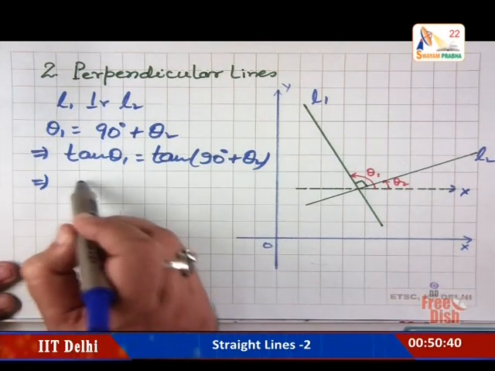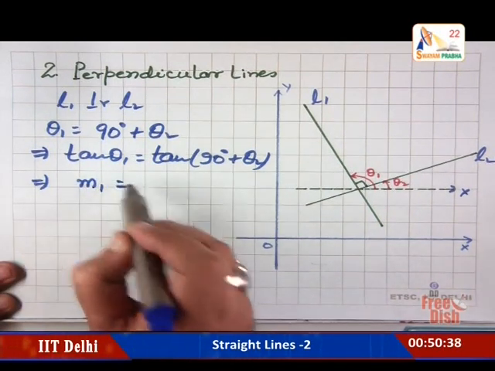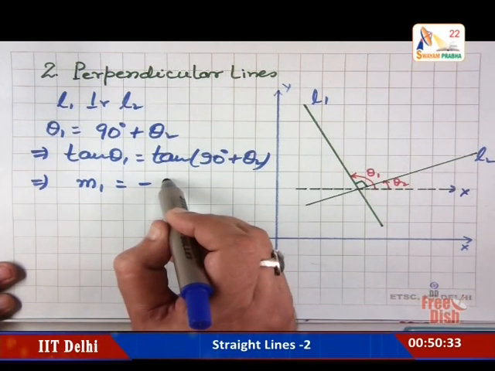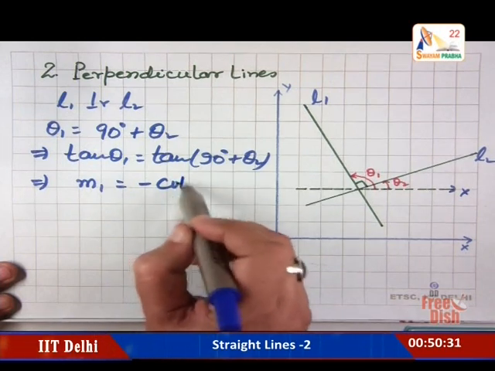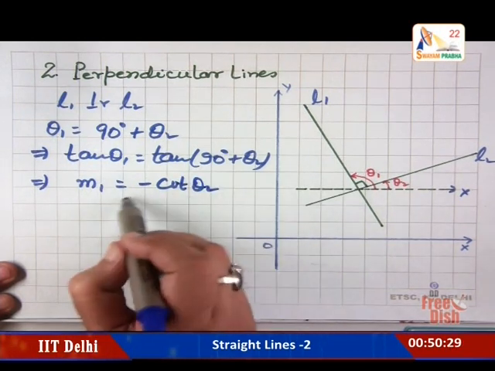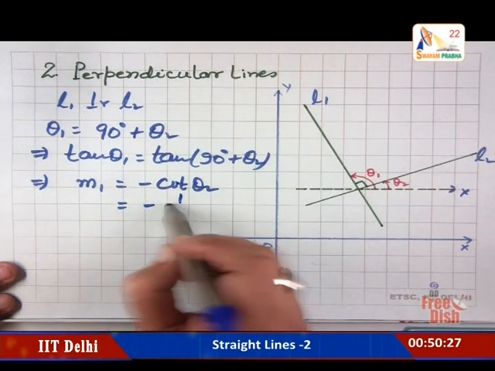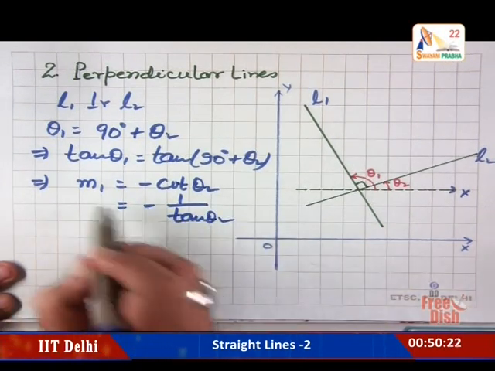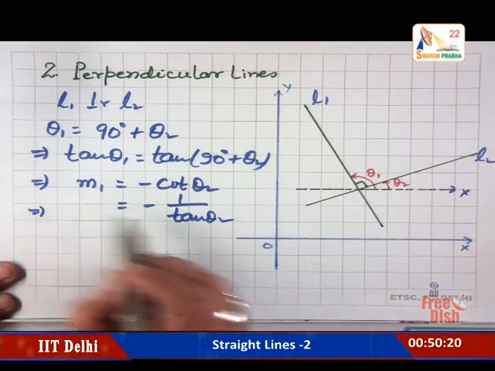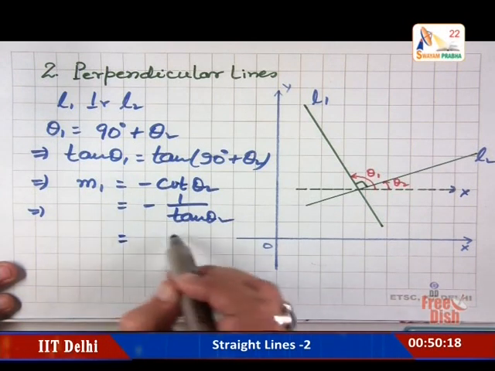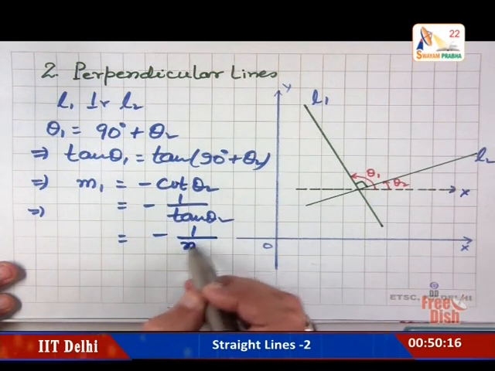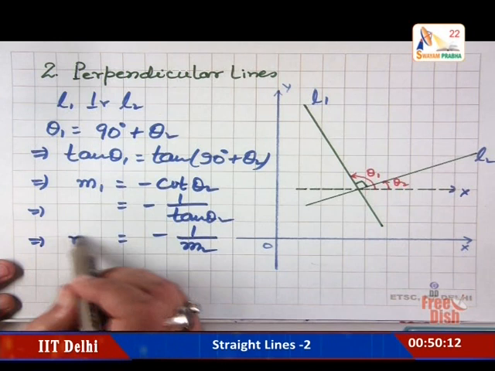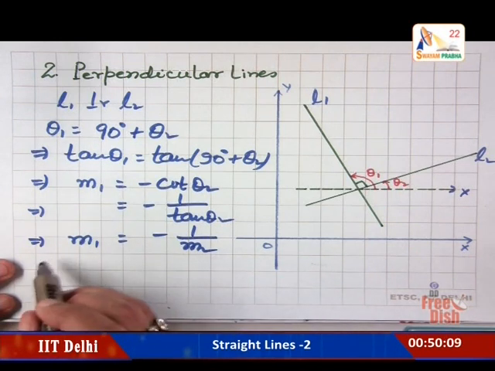So this implies M1 is equal to minus cot theta 2, which is equal to minus 1 by tan theta 2, which is equal to minus 1 by M2. This implies M1 is equal to minus 1 by M2.